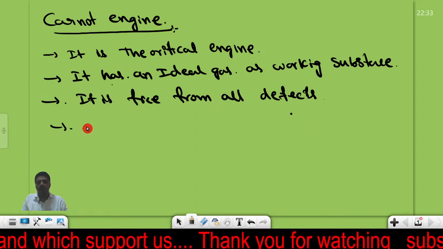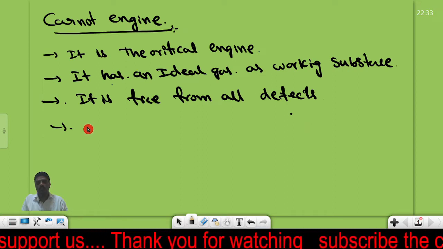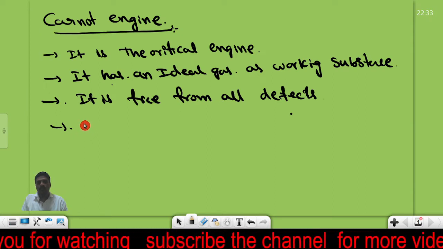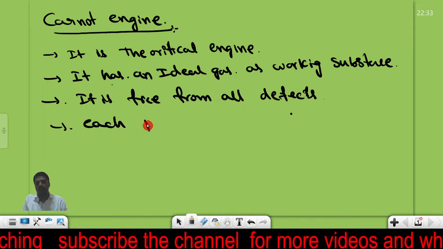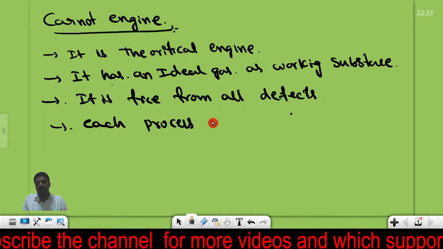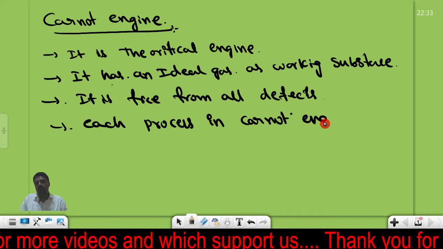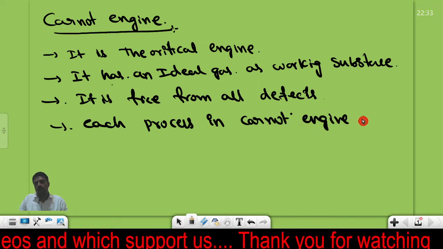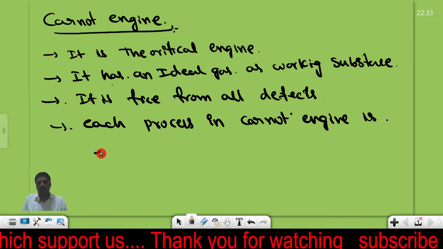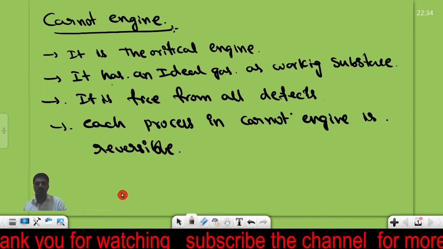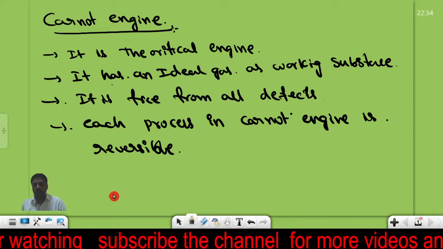Each and every process in the heat engine, the Carnot engine, is a reversible process. So each process in the Carnot engine is reversible. That engine can be called a Carnot engine.